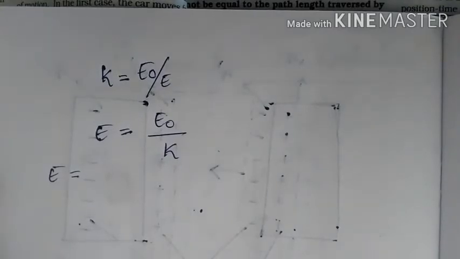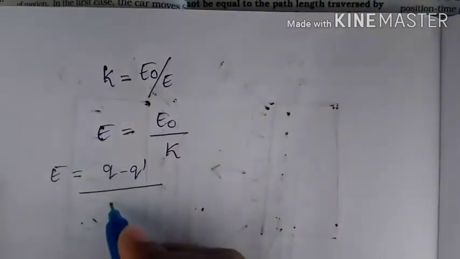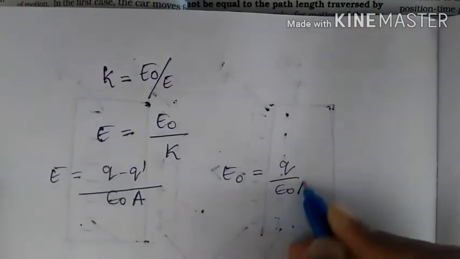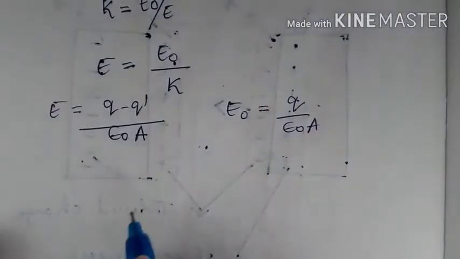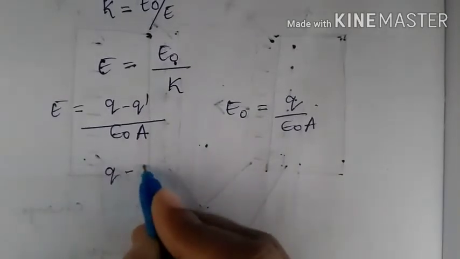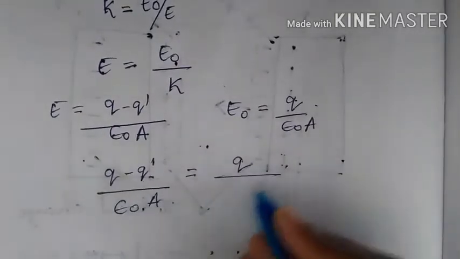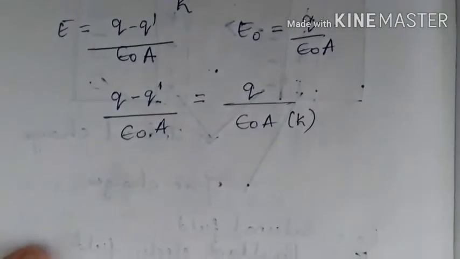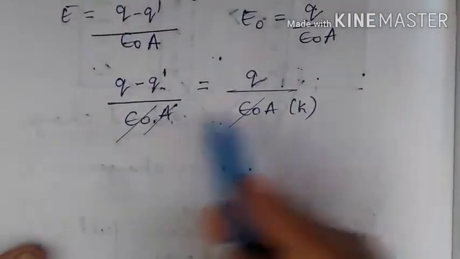E is (Q minus Q prime) by epsilon naught A. E naught is Q by epsilon naught A. Substituting these two equations, we get (Q minus Q prime) by epsilon naught A is equal to Q by epsilon naught A multiplied by K. Cancel the terms which can be cancelled: epsilon naught and A get cancelled.